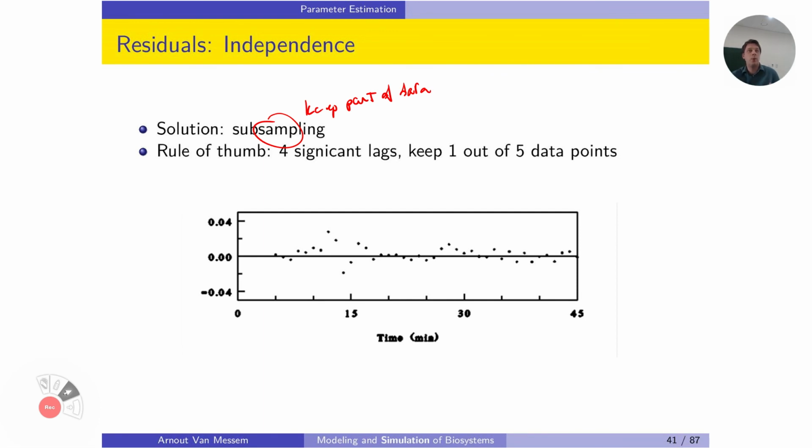You keep the first, then the next 4 you throw away. The sixth one you keep, then 4 you don't keep, you keep one, 4 you don't keep, and so on. It's a very simple solution, but it's not an ideal solution. Basically, people are moving away from this technique and looking for better solutions.